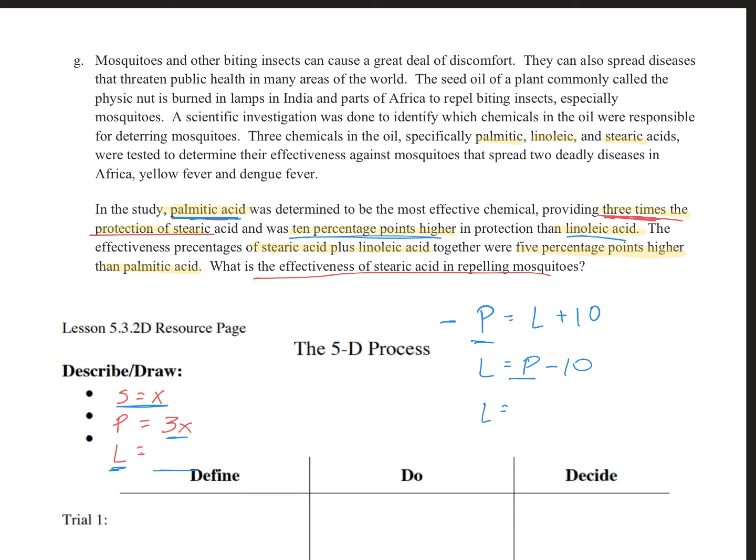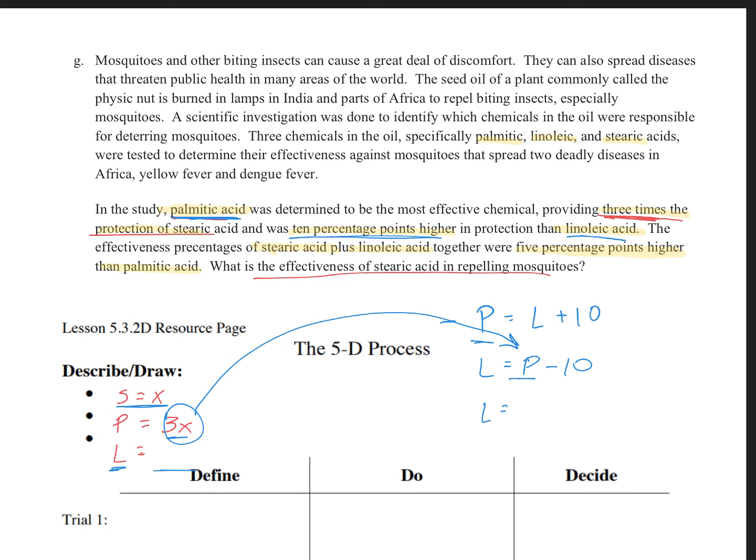P is equal to 3 times X. Again, the percentage points of stearic acid is X, and palmitic acid is 3 times X. So if P equals 3X, I can take this 3X and replace that P with it.